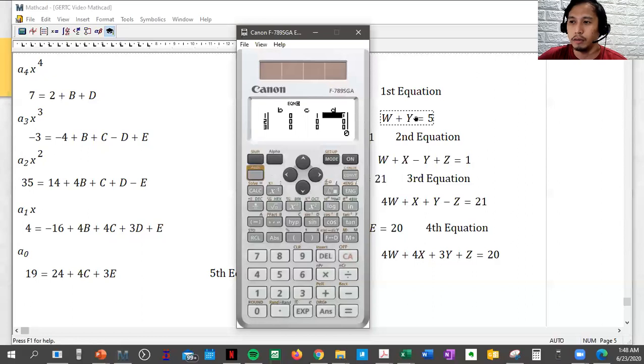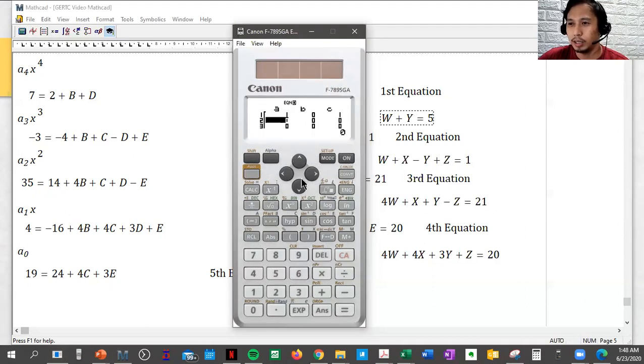D, coefficient of Z, has none. 0 lang yan. Then E is 5. Okay. I hope I did not make any mistake, no? So dito naman, 1, 1, negative 1, 1, equal to 1.